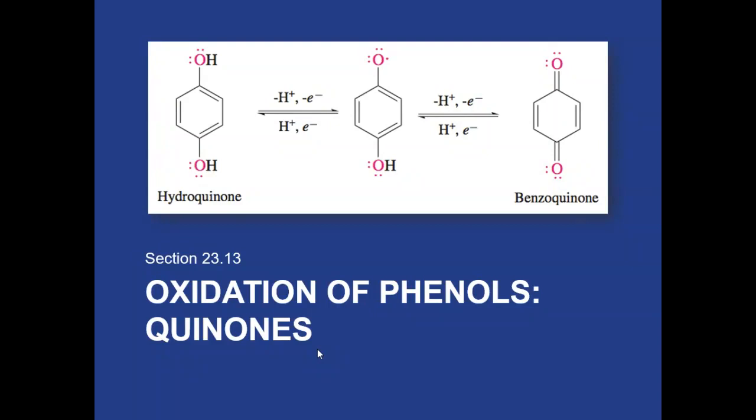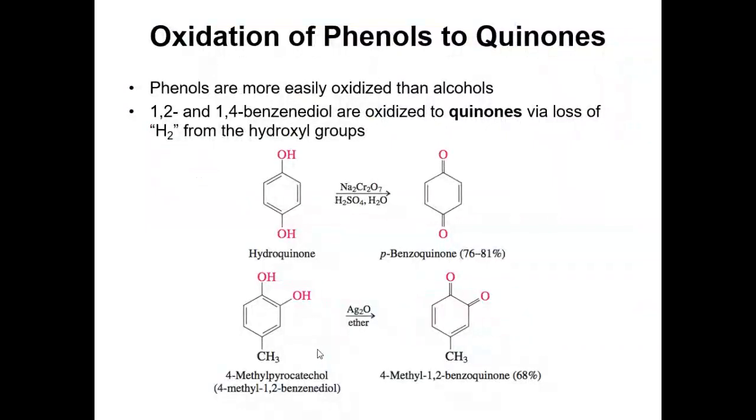If it's secondary alcohol, it can be oxidized to ketone. And the phenols, actually, are more easily oxidized than alcohol. Especially 1,2- or 1,4-benzenediols can be very easily oxidized into quinones.